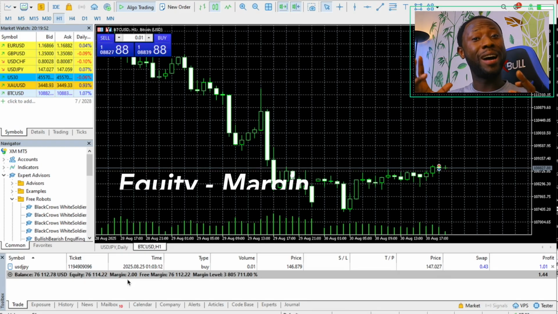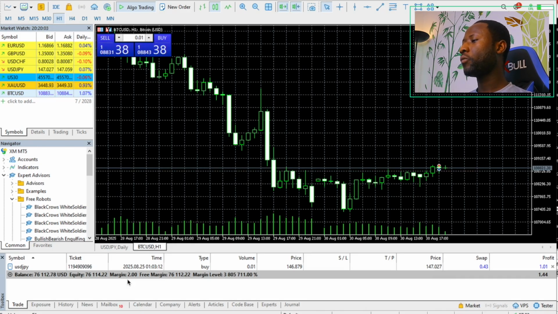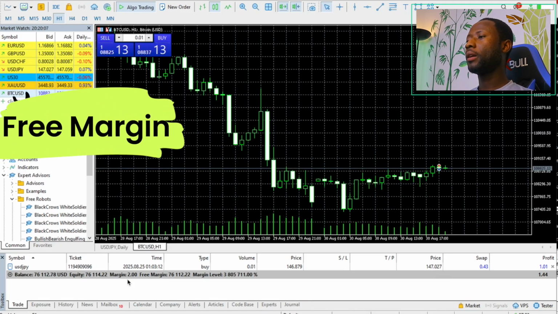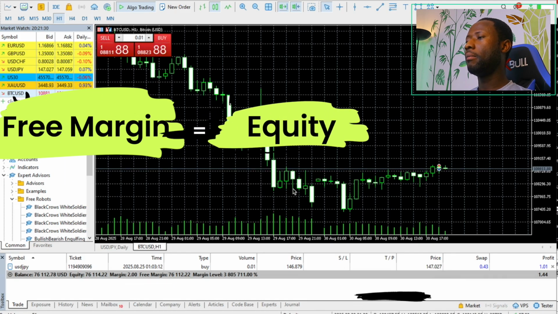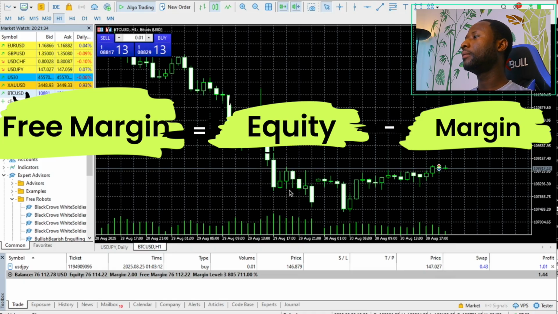So the bigger the margin, the more it eats from my equity. We've understood what equity is, so we say free margin is equal to equity minus margin. That is free margin for you.